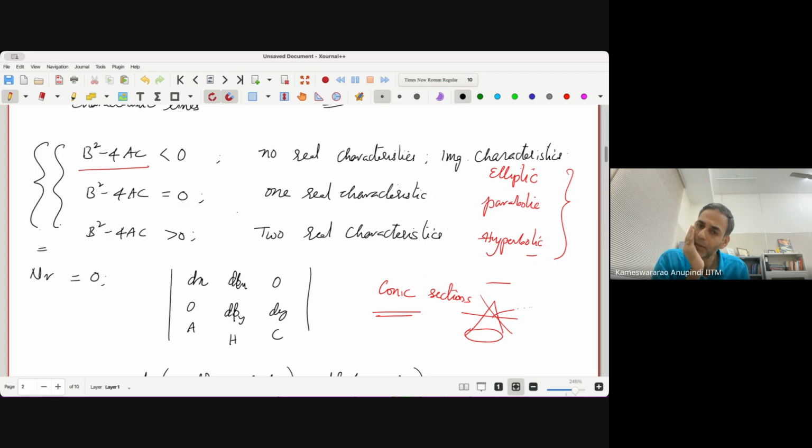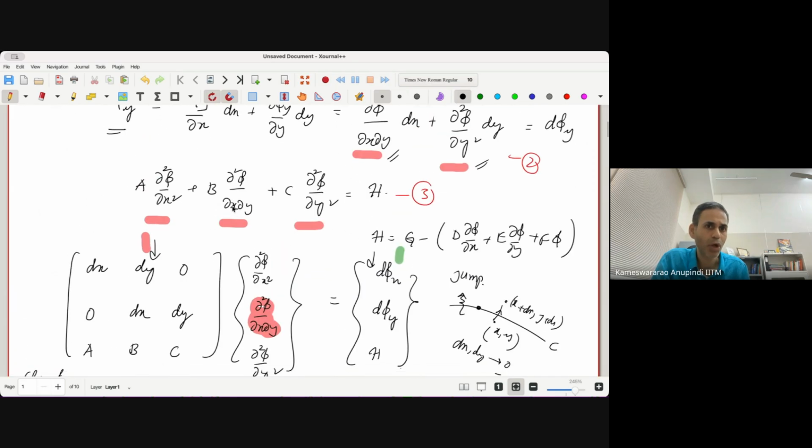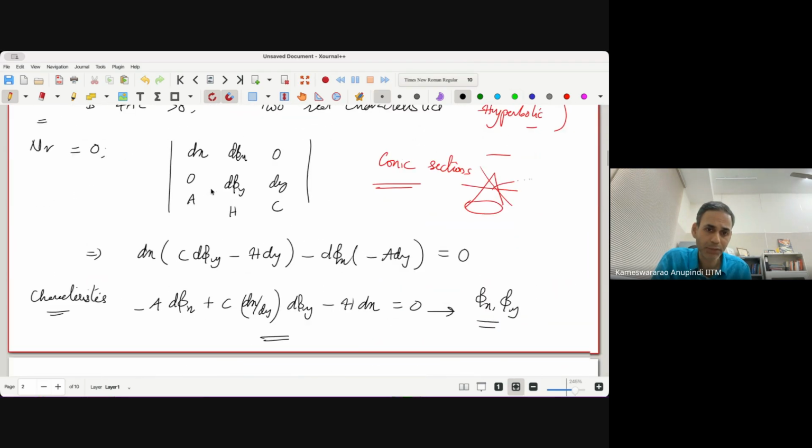Now we are able to classify a general PDE based on its coefficients. While classifying, we are only making use of A, B, C. We are not making use of H at all. That means we are making use of the coefficients of the leading order derivatives.